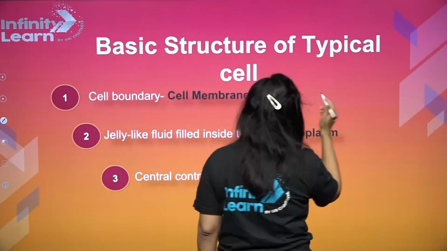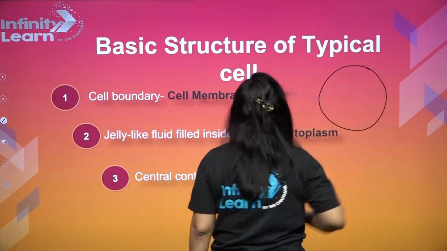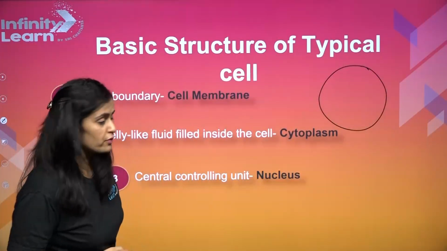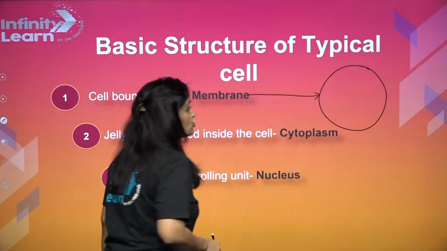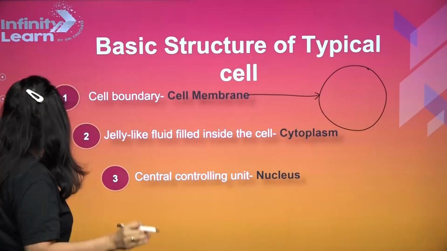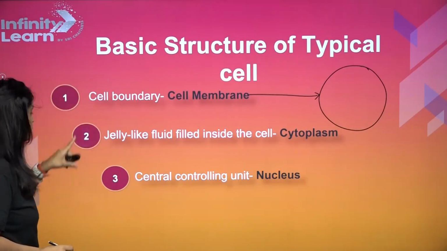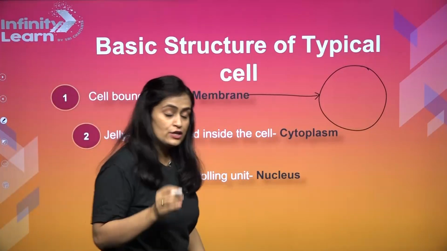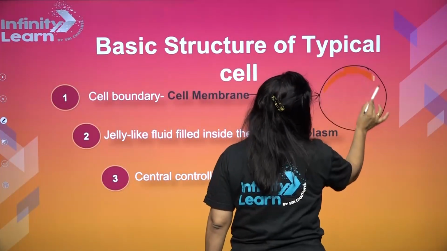The basic structure of a cell is the cell membrane. So this one is the cell membrane. So it has to have the cell membrane for sure, right? Then it also has to have the cytoplasm.